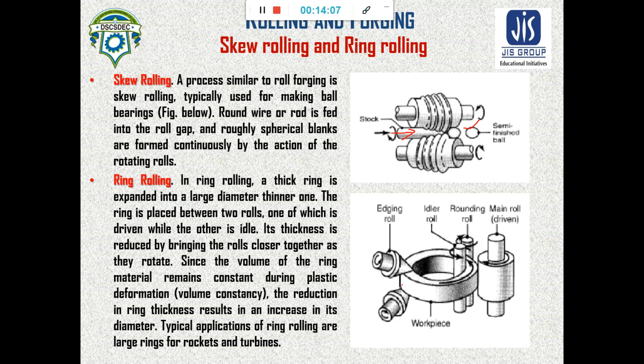So this setup can increase the diameter of the existing hole in a workpiece. So the diameter of the ring can be increased by using this process. So this process is known as ring rolling.